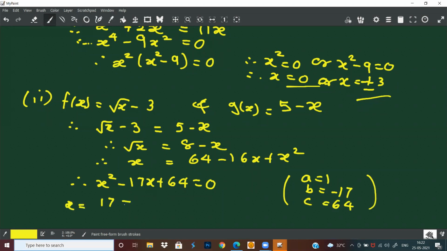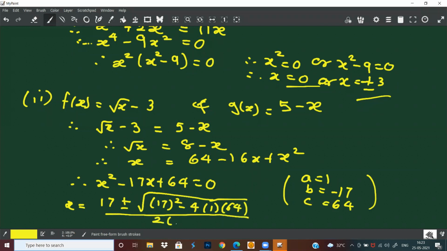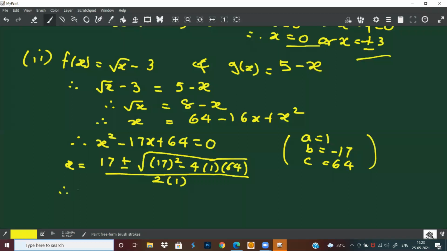Minus b plus minus root of b square minus 4ac upon 2a. 289 minus 256, 33 आएगा.